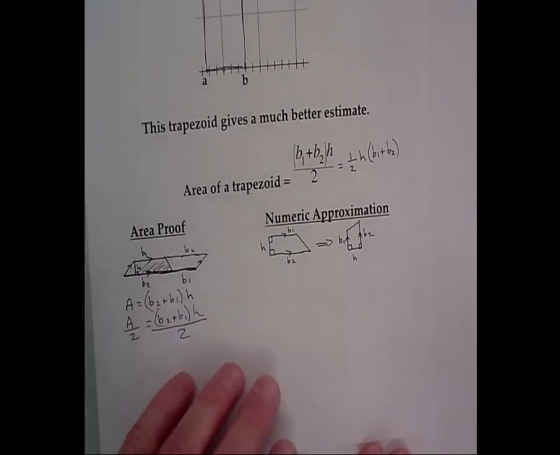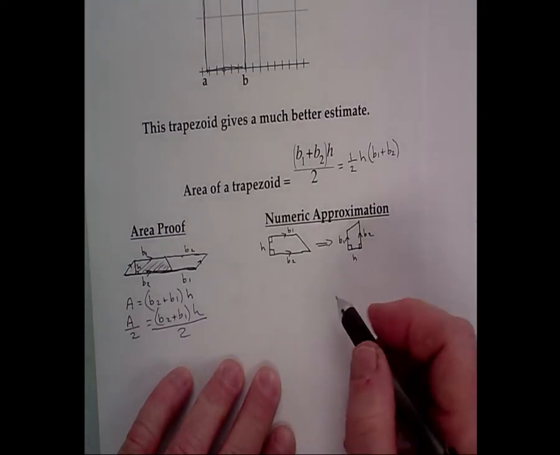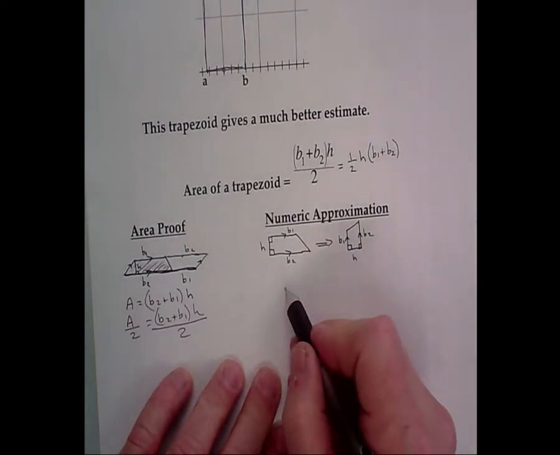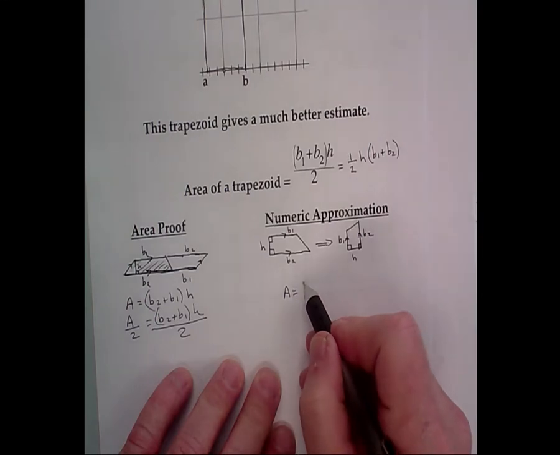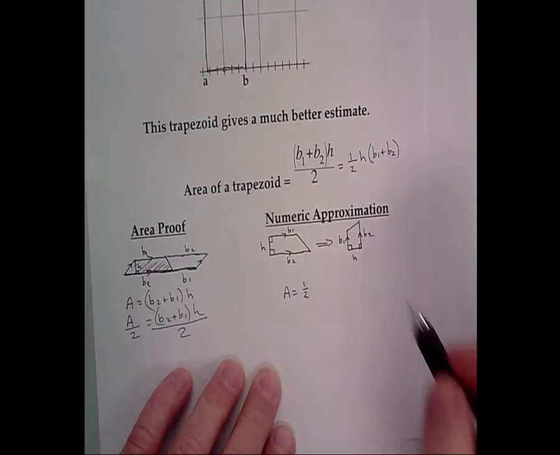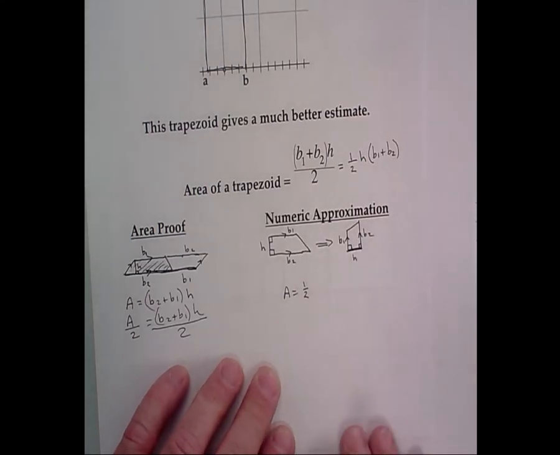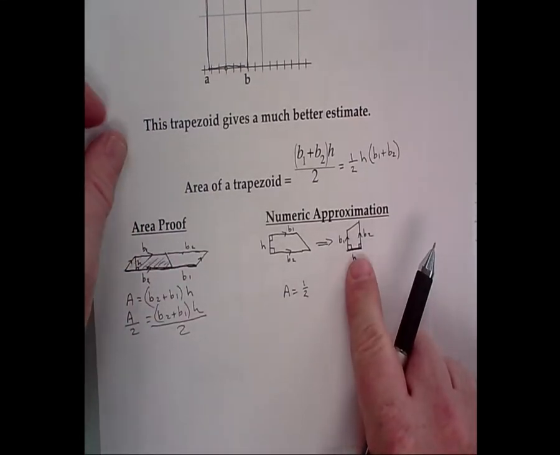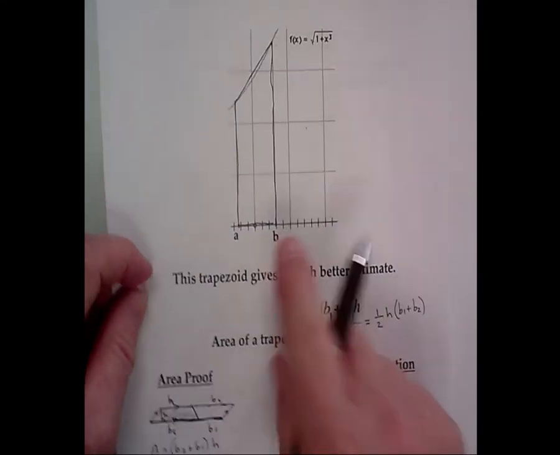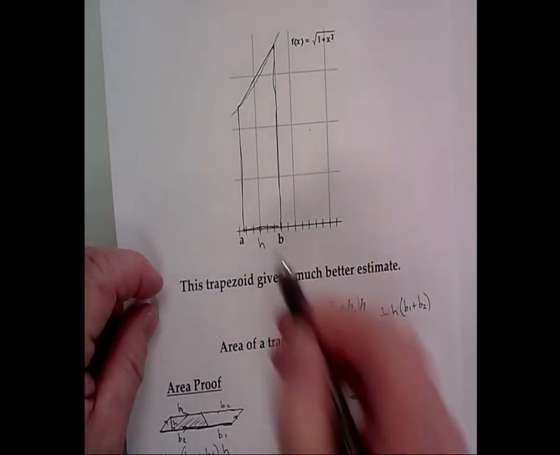So the area of this thing will be 1/2, because it's a trapezoid. So if I take a look, this is a small drawing of this, correct? So this is H, right?